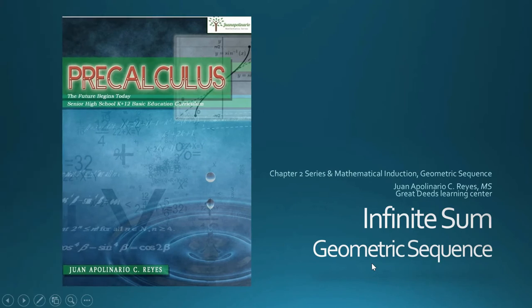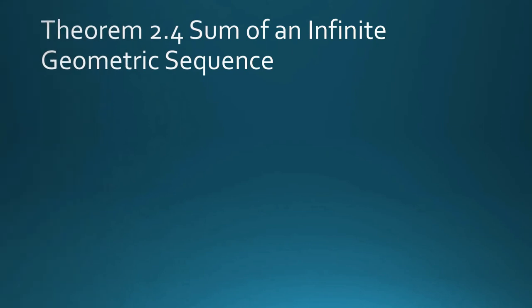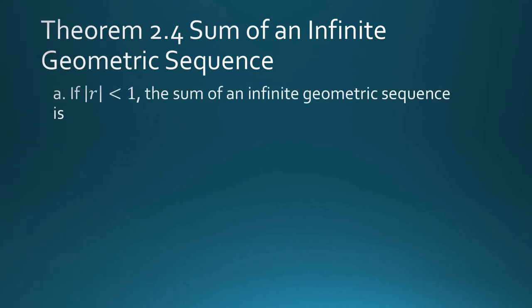So we will present a theorem that will help us get the sum of an infinite geometric sequence. We will no longer prove this. Given a geometric sequence, if the absolute value of your common ratio is less than 1, the sum of that infinite geometric sequence is this.